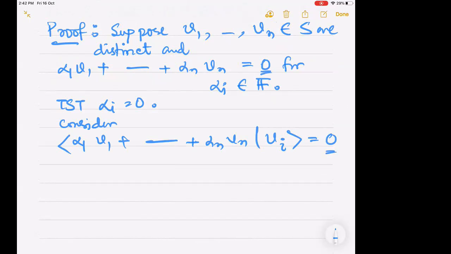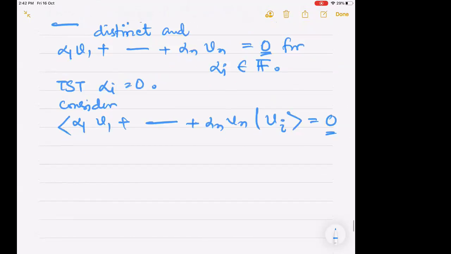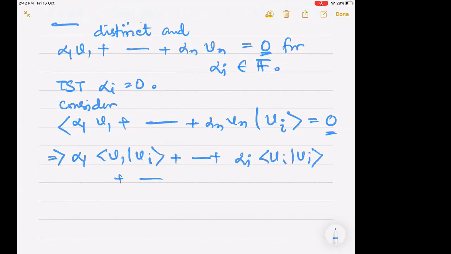By linearity in the first variable, this is alpha 1 times the inner product of v1 and vi, plus alpha i times the inner product of vi and vi, plus alpha n times the inner product of vn and vi, and that is equal to 0.